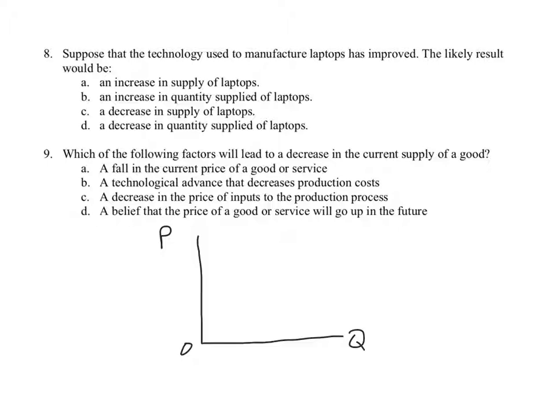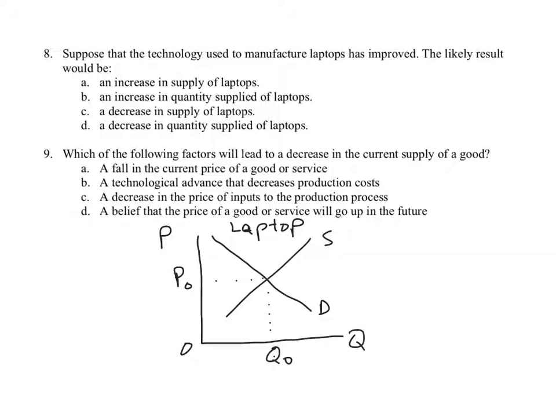I didn't ask you to do it, and I wouldn't grade you on whether you did it or not, but it's pretty useful. So we see this laptop market initially clearing at P0. That's supposed to be an A, believe it or not. Laptop market, clearing at P0 and Q0.